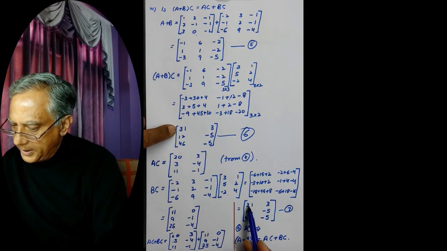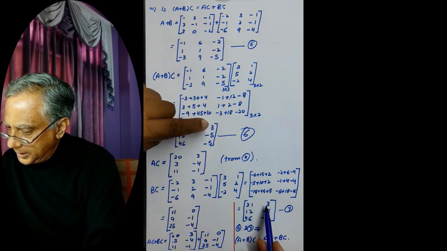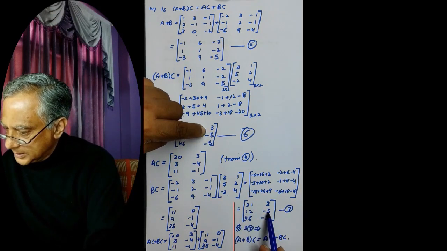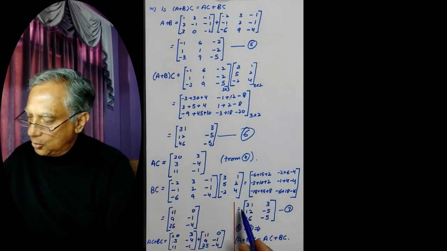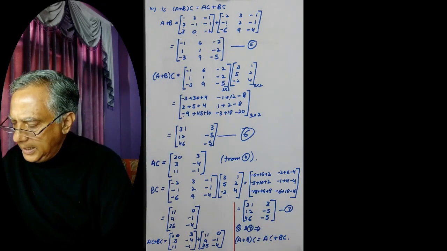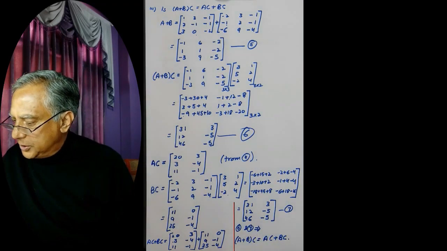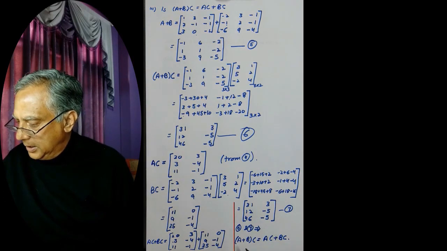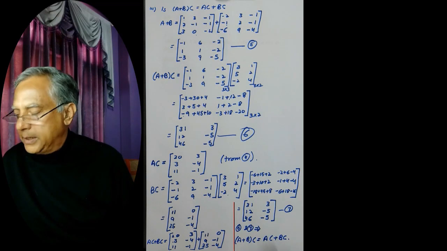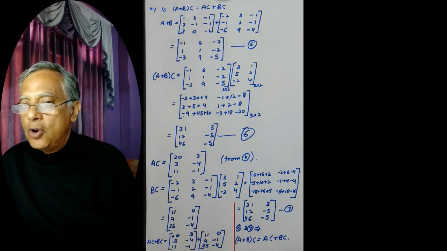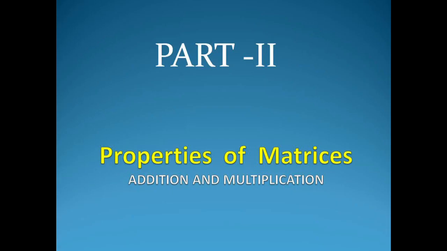Compare these two. 31 is equal to 31. 3 equal to 3. This is equal to this. These two are equal. So the corresponding entries are equal. Therefore, these two matrices are equal. Therefore, right distributive law is true here, but left distributive law is not true.